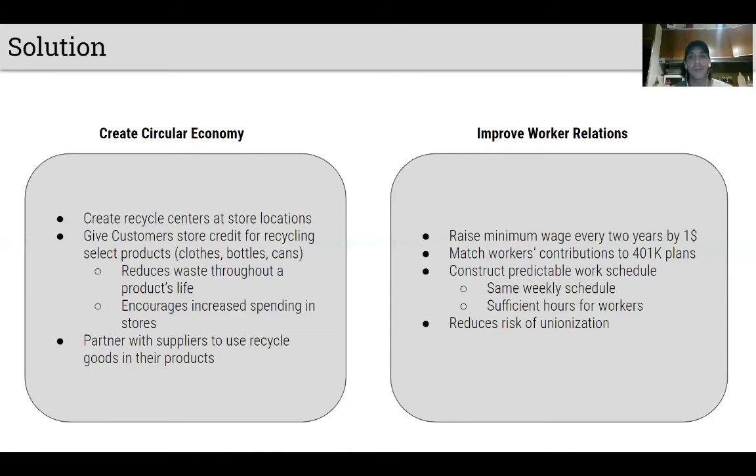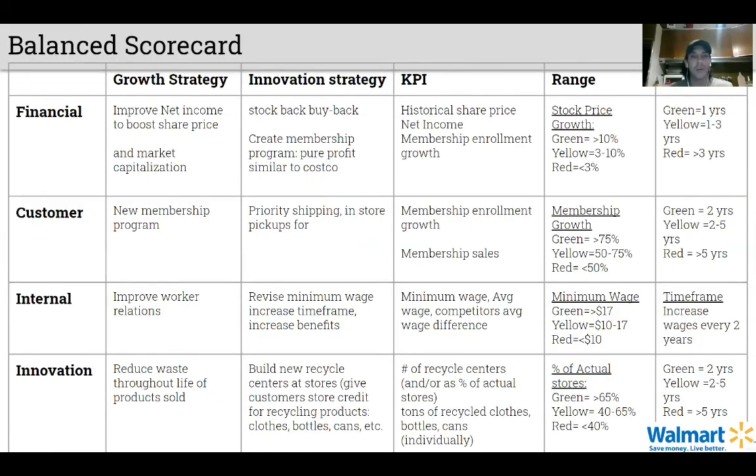Furthermore, we want to construct predictable work schedules, such as weekly schedules that repeat every week so that workers can schedule their lives. We believe that this will also help reduce the risk of unionization, as we had a challenge in the past.